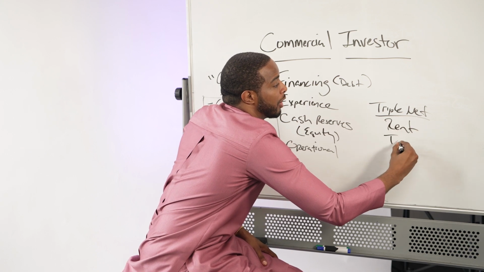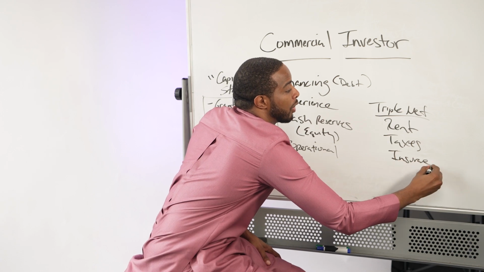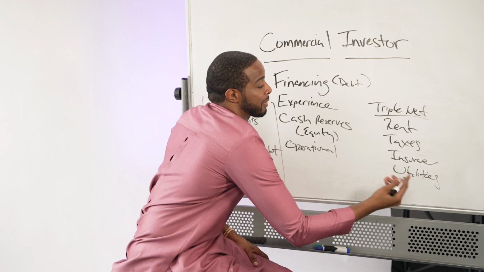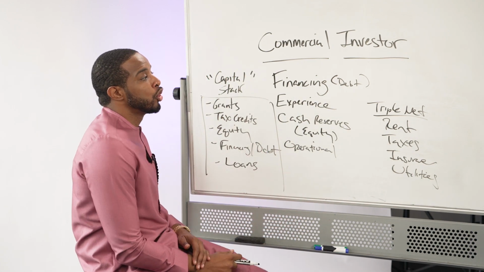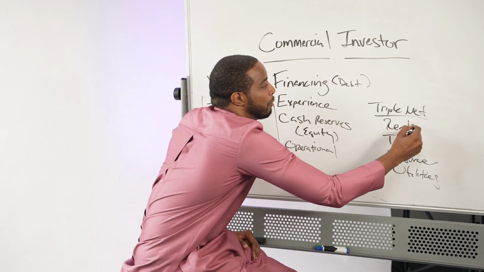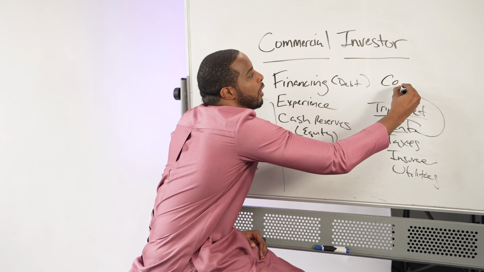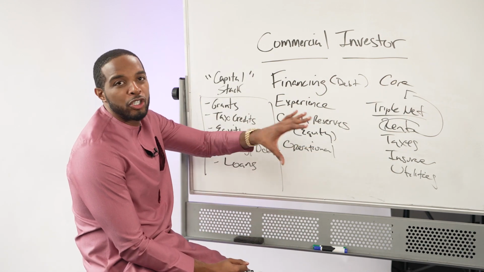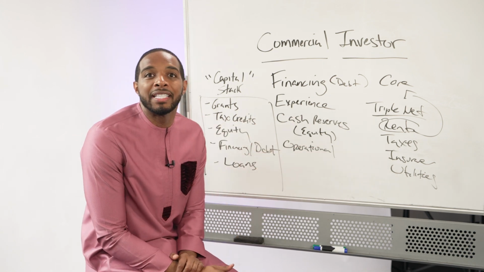They also pay their proration of taxes, proration of insurance, and any utilities, and then sometimes other common area charges for the property. So you as a landlord get to take most of this rent home as profit, because the tenant is paying the majority of the expenses. That's the cool part about the commercial real estate game.